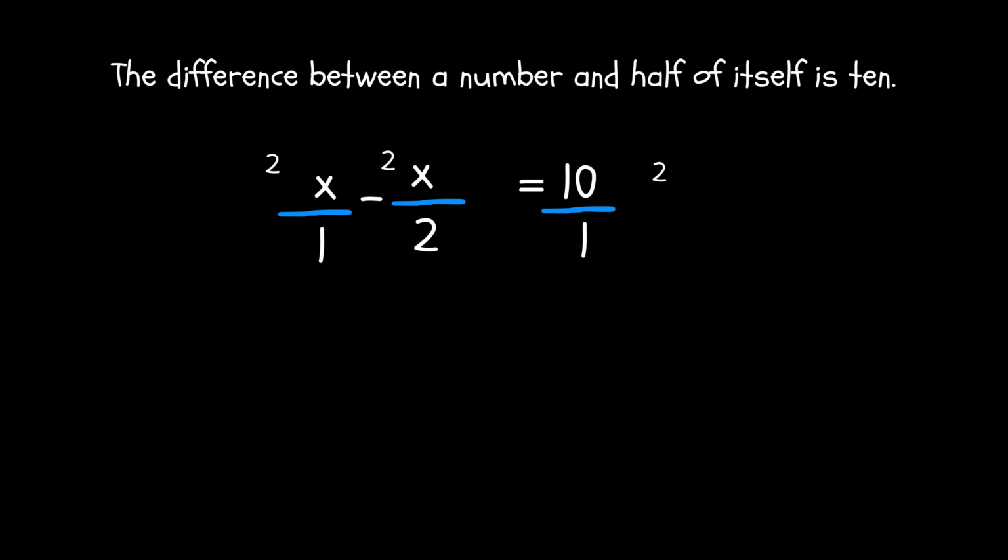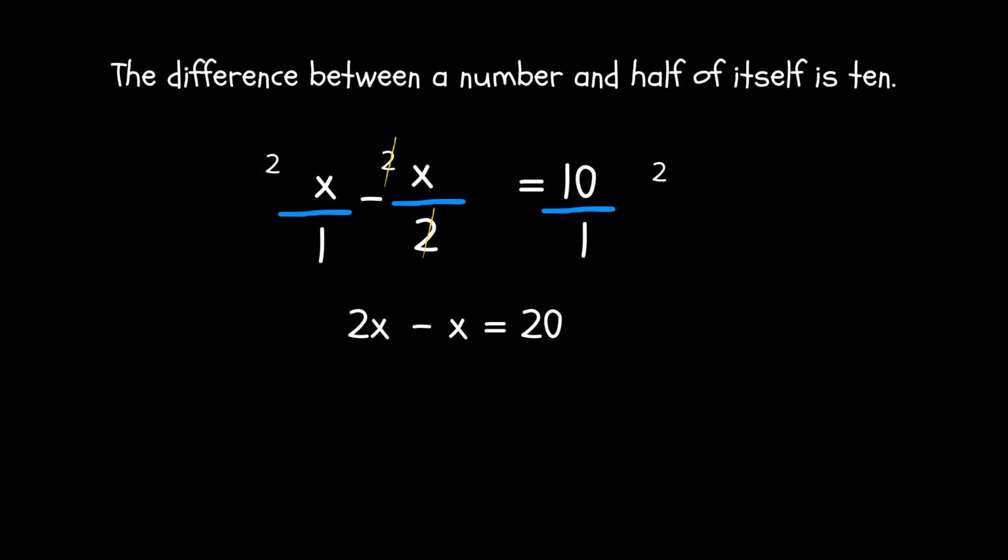Now, let's simplify. So 1 divided by 2 is simply 2, so we will have 2x minus, now 2 divided by 2, that will be 1, so that will cancel, and we will be left with x. Now 10 times 2 is 20.